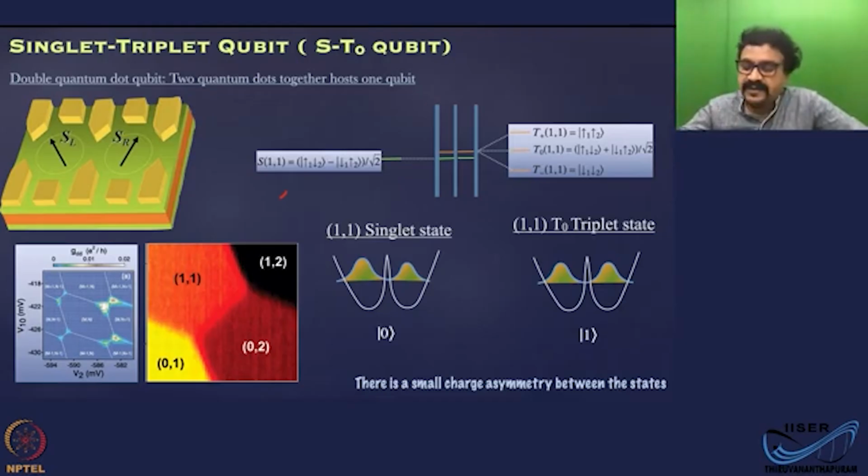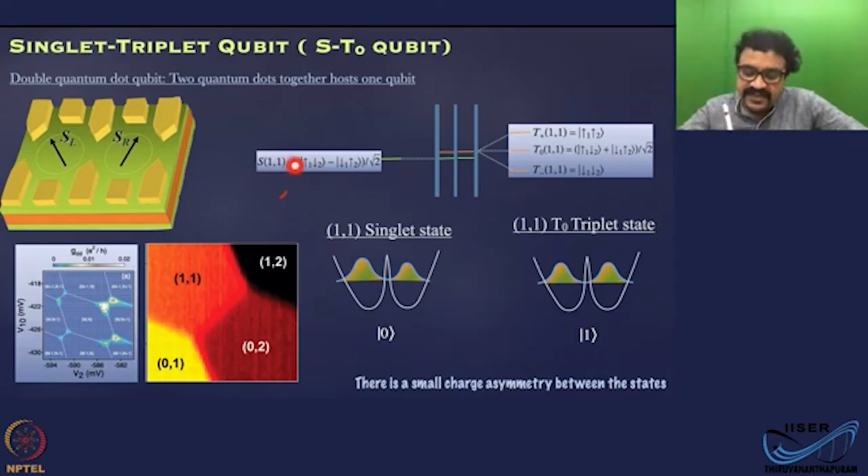But now in this architecture, you have two dots making one qubit. If you have two quantum dots with one electron each, we have learned that these two electrons can be in a singlet state or in a set of triplet states.